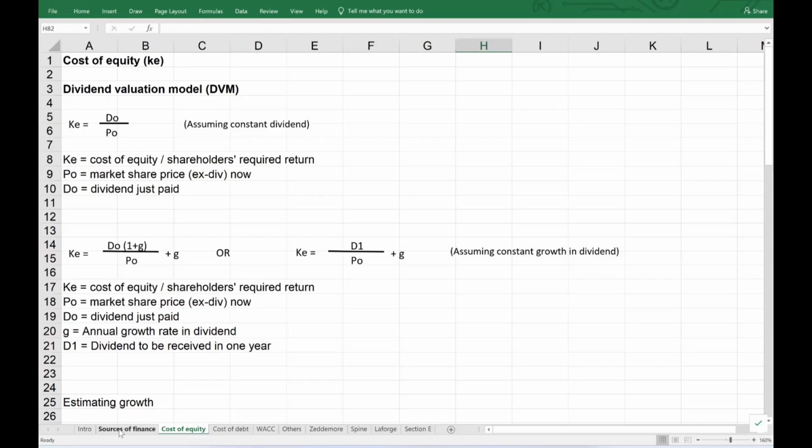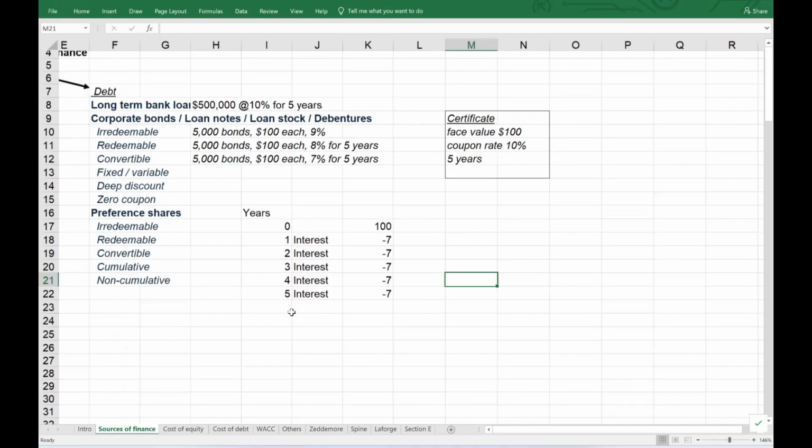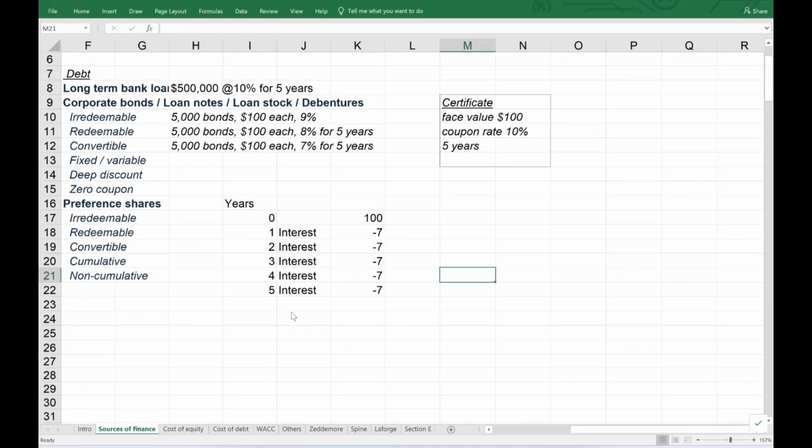We learned that we have different means to arrange our debt. We can go with a bank loan, or arrange finance through bonds, loan stock, loan notes. Even among bonds, we have many types like irredeemable bond, redeemable bond, convertible bond, variable bond.